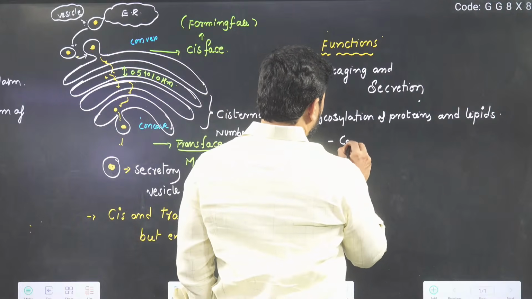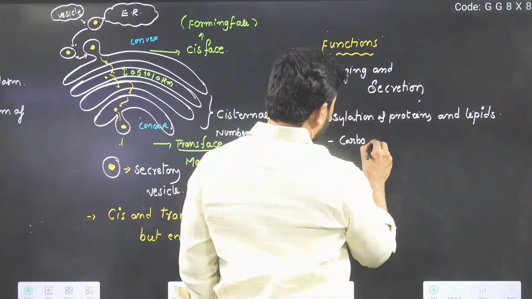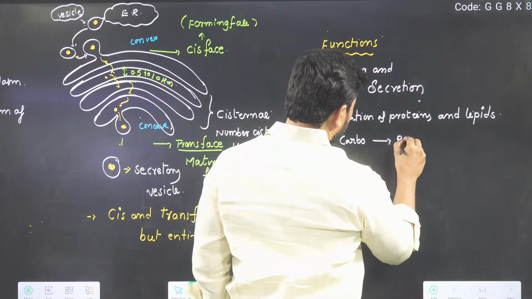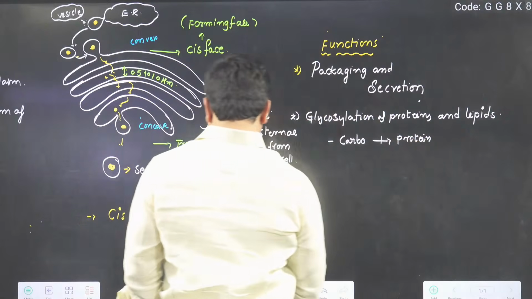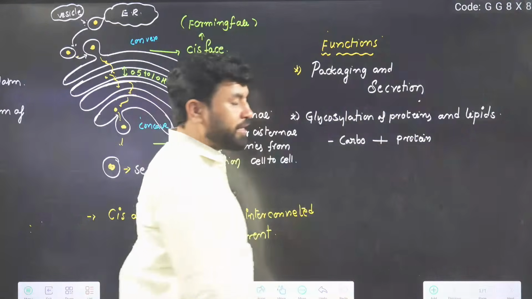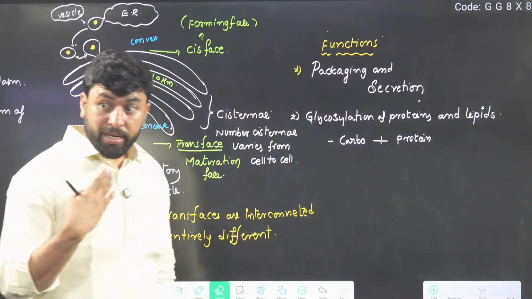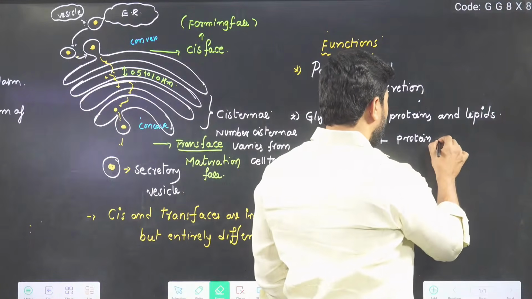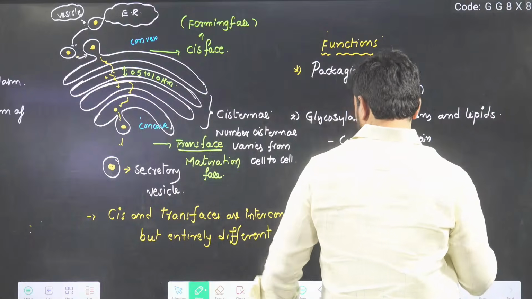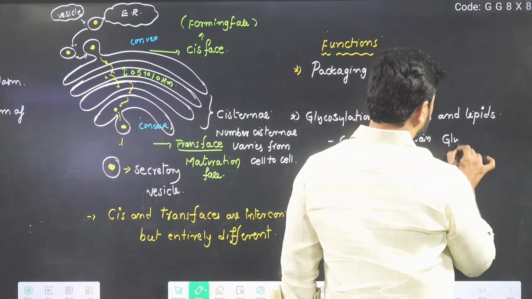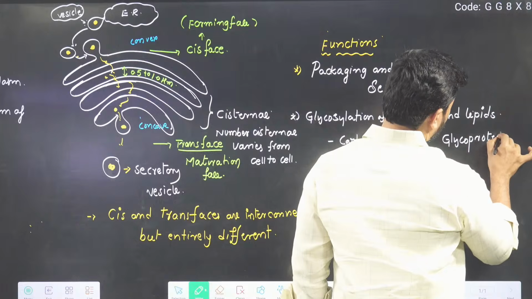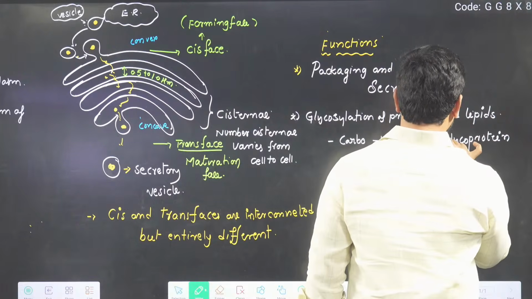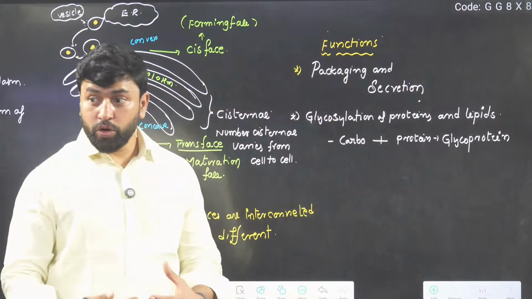Sometimes carbohydrates are added to protein. When carbohydrates are added to protein, that protein becomes glycoprotein.